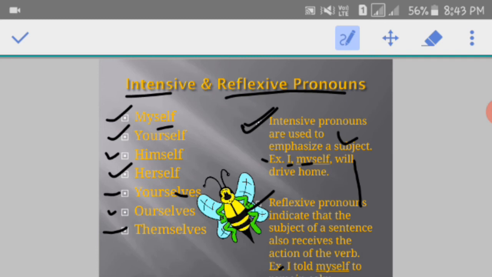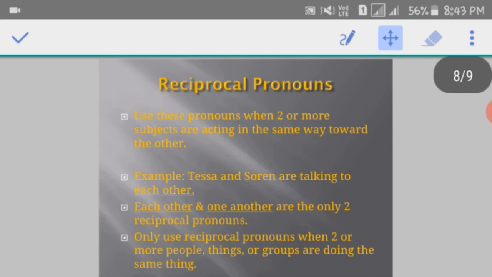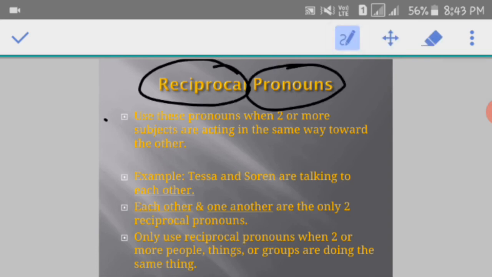Whom did I tell? Myself. So I am the subject and I am the object also. Both things are there: I, the subject, and myself. I told myself to do this. That means I am the subject and I am the object. That's okay.